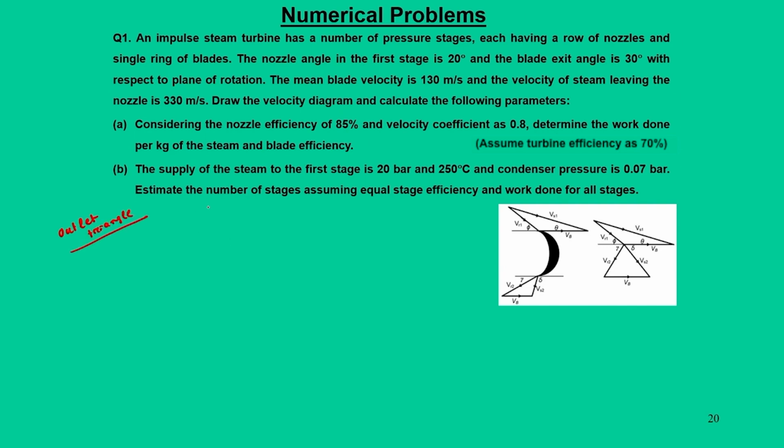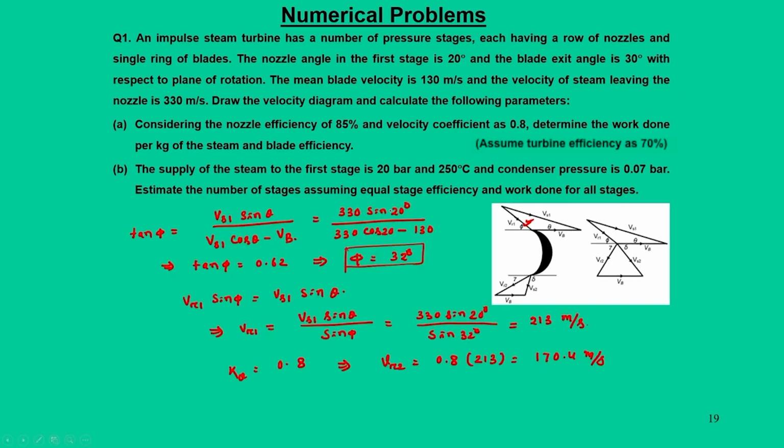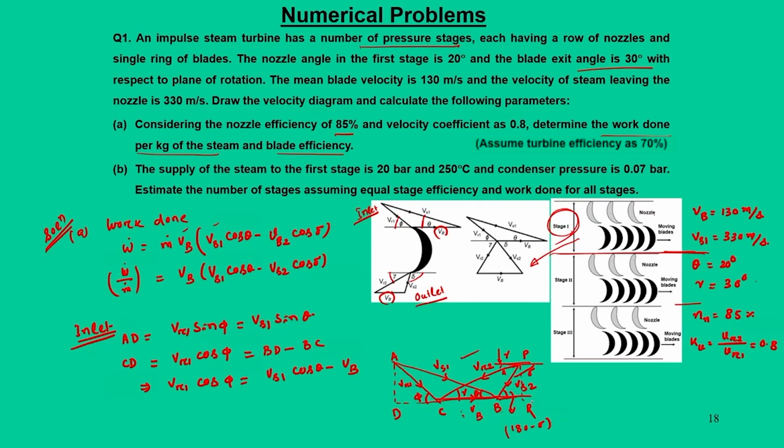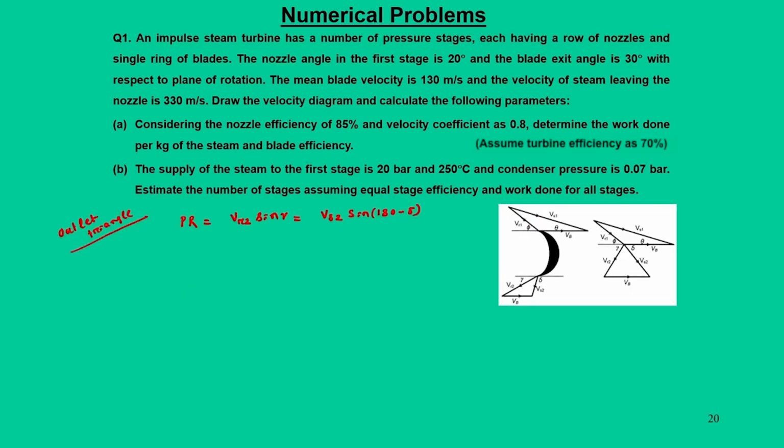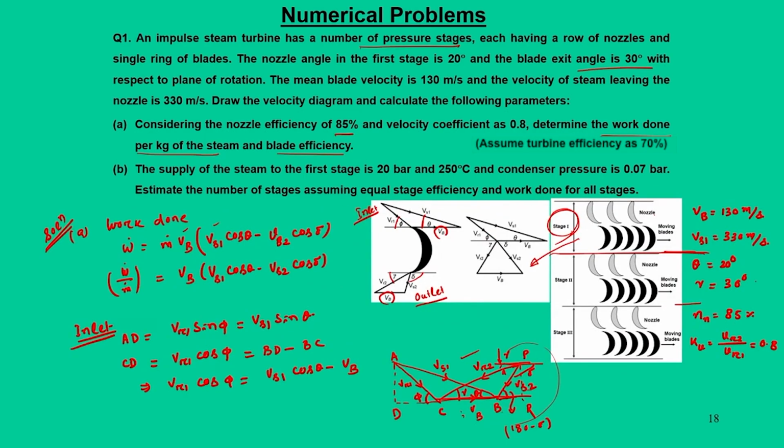If you recall our triangle which was drawn in the first page of this problem, from this outlet triangle we can write PR is equal to Vr2 sin gamma, that is equal to Vs2 sin 180 minus delta.